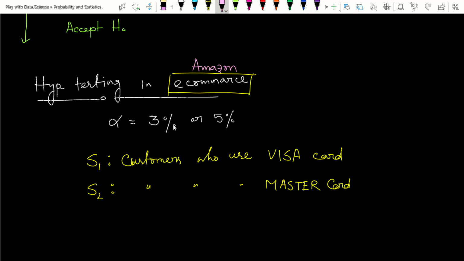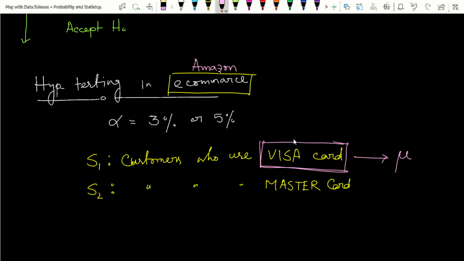So in such a scenario, what will happen? The visa card company has some customers. They can randomly choose some customers and look at which e-commerce website those customers who use the visa card mostly use.